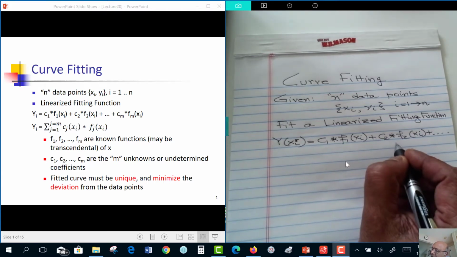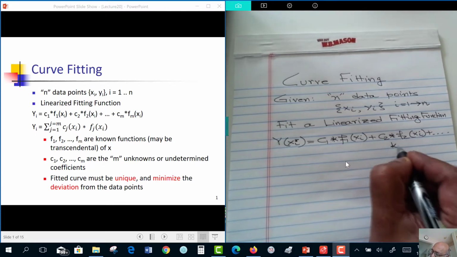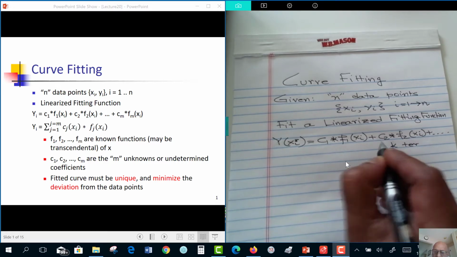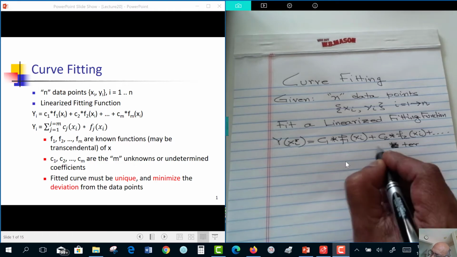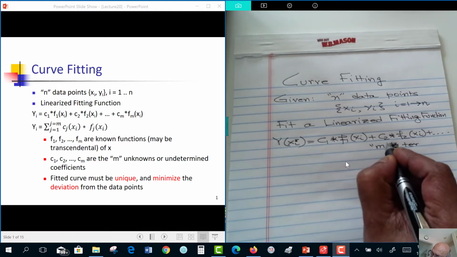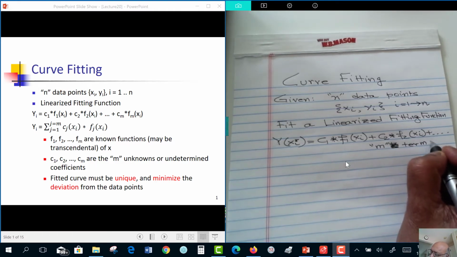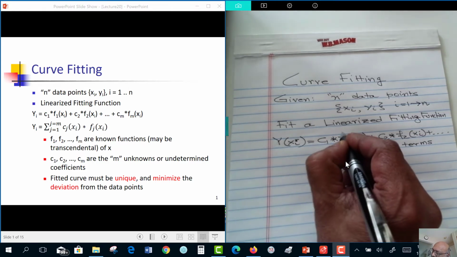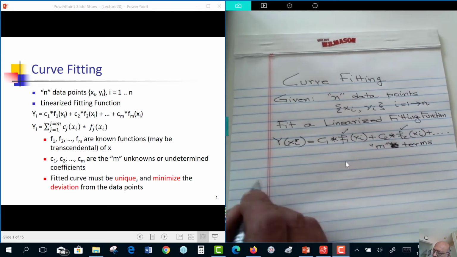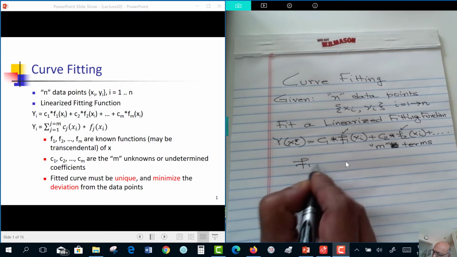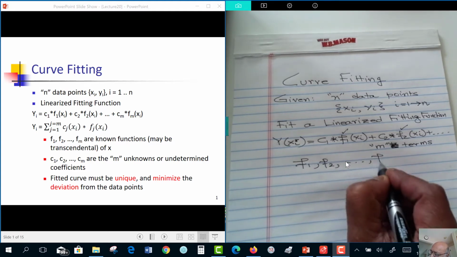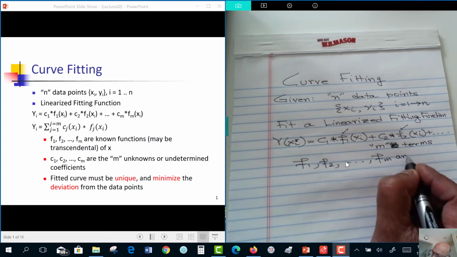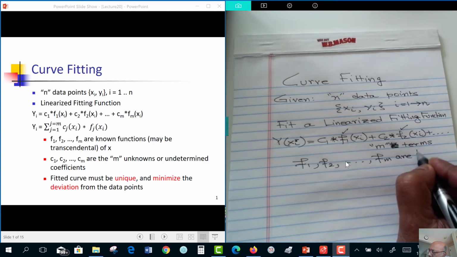So we have m such terms. So we know these functions, f1, f2, on and on to fm, are known.